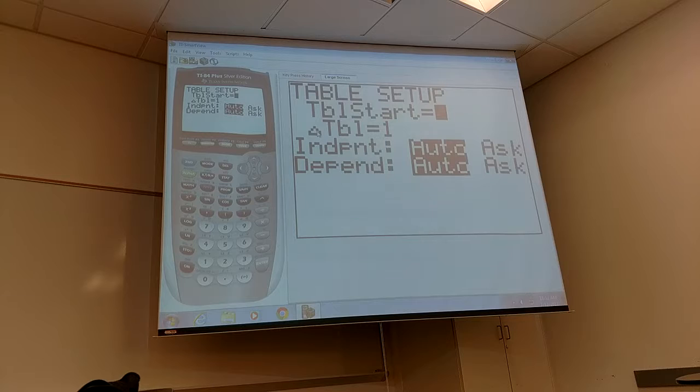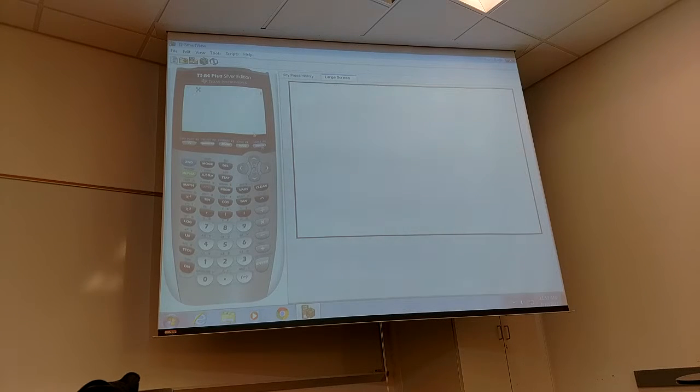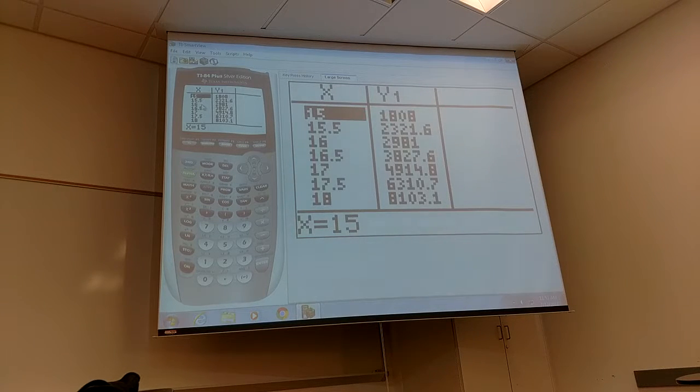So see how it says change in the table is 1, and it starts at 2. So if I made it start at 15, and I want to go by halves, 0.5s, now if I go to my table, it starts at 15, 15.5, 16, 16.5.